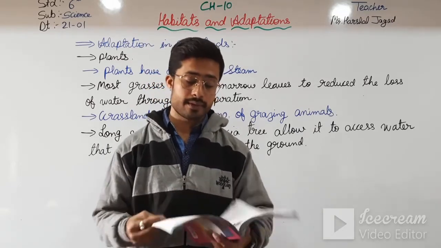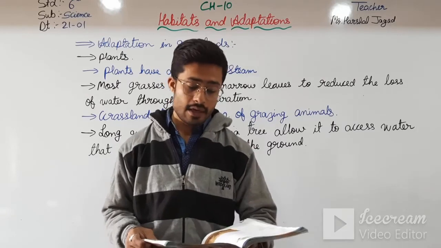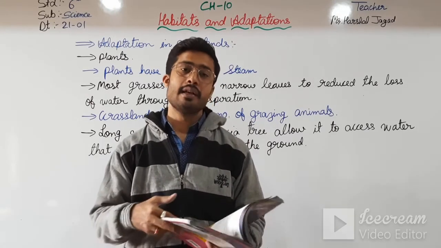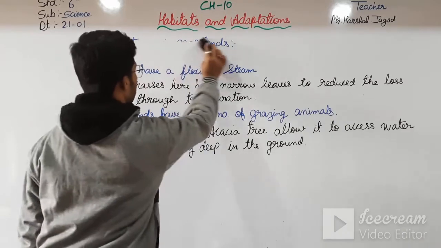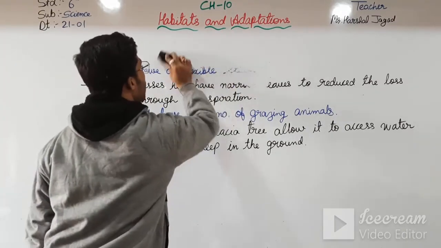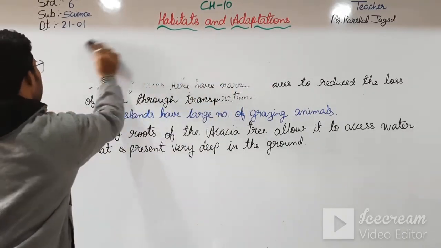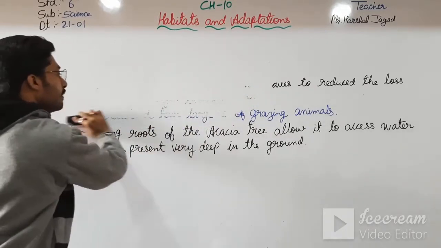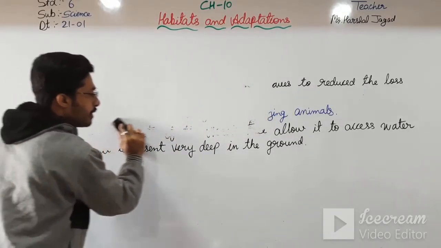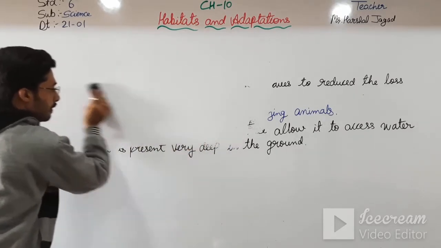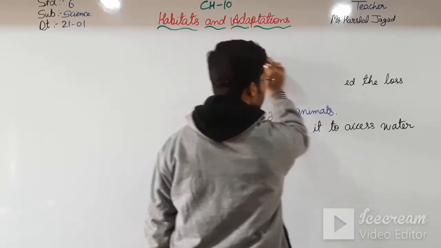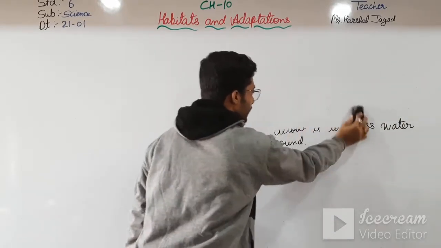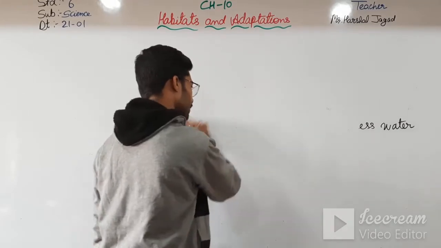And then after, moving towards adaptations in deserts, here in the desert we have just seen adaptations in desert. So in desert we have seen the animal which is known as the ship of the desert, that is the camel.